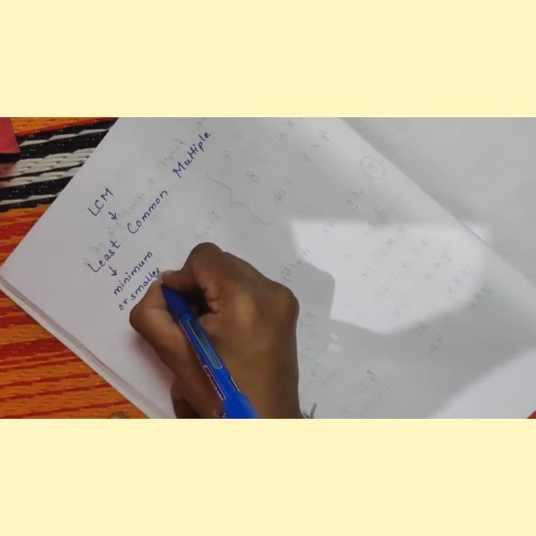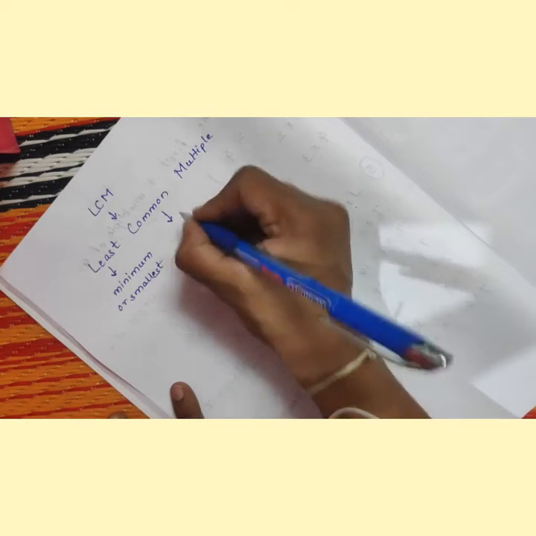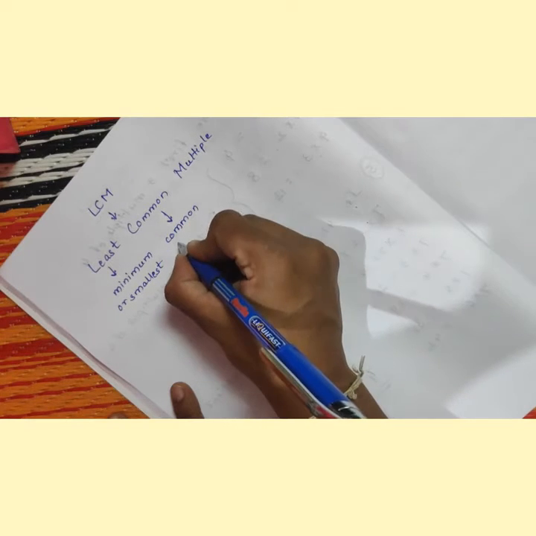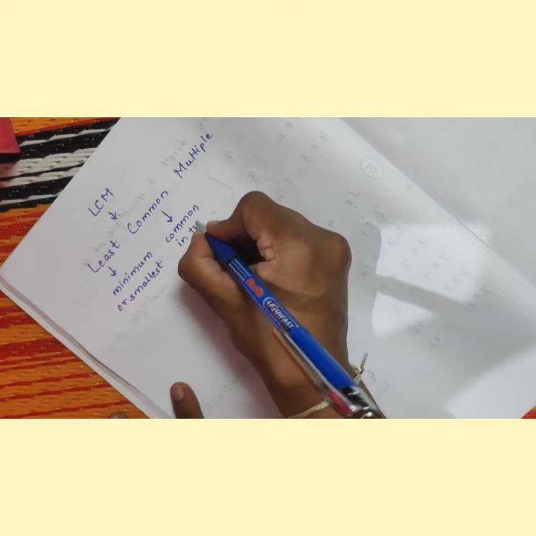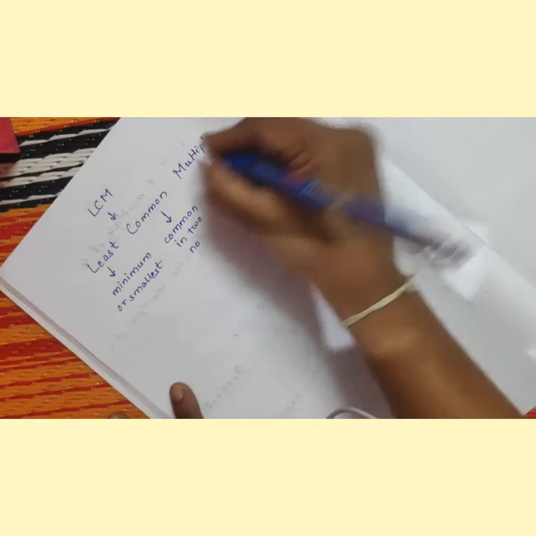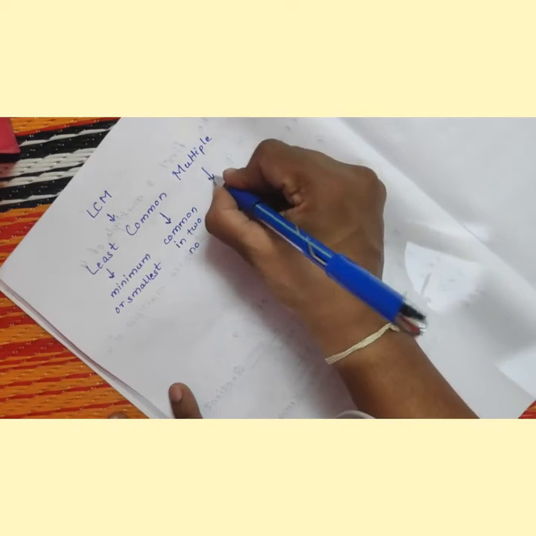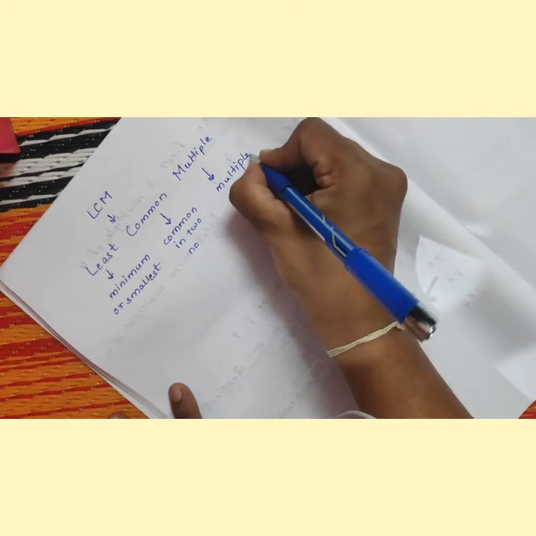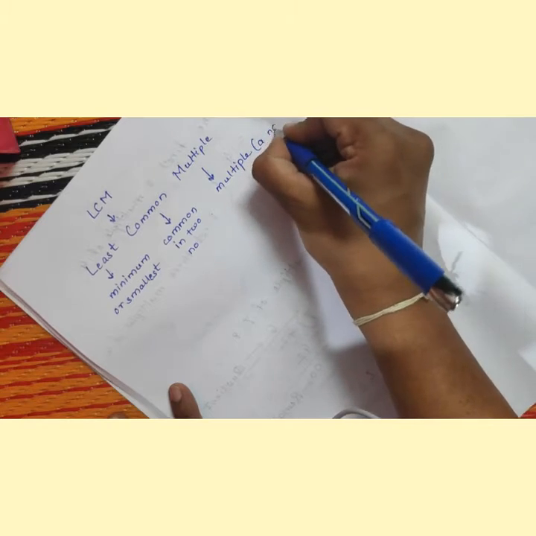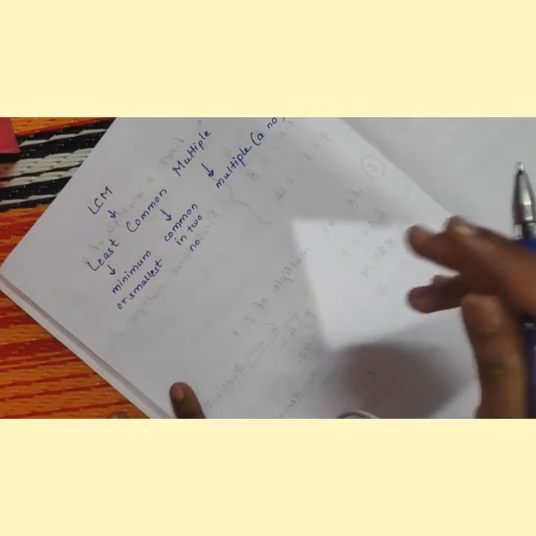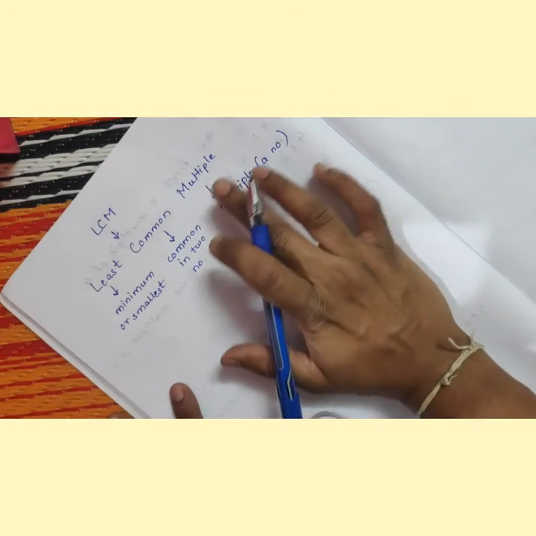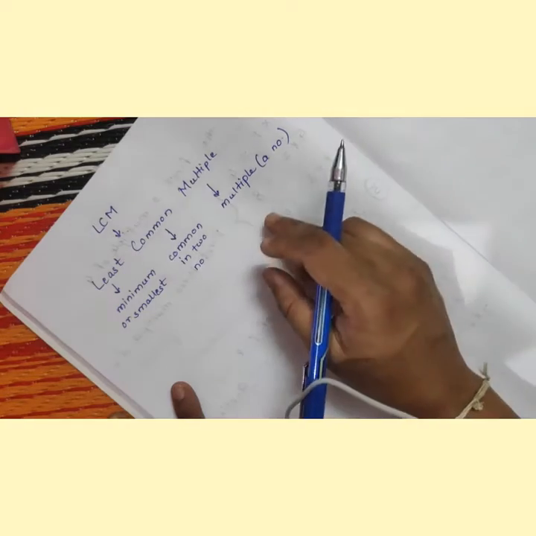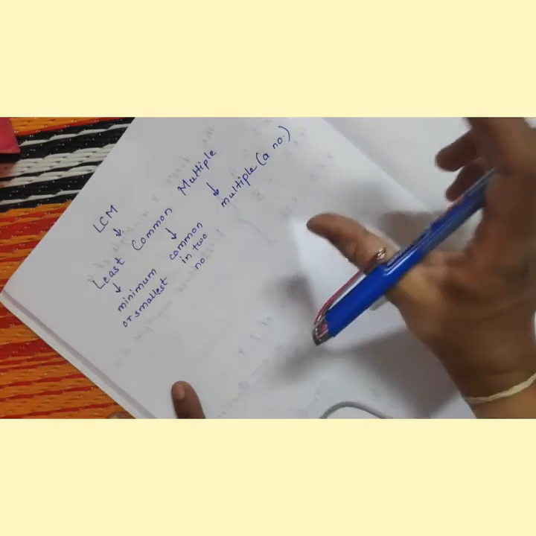Common means which is common to two numbers. And multiple means a multiple of a number. Now you have to find the least common multiple, meaning the smallest number which is common to both the multiples.